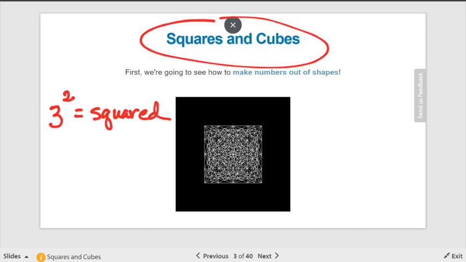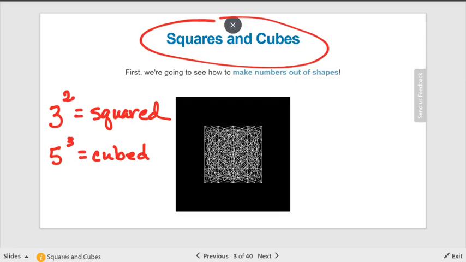So squared simply means raised to what power? Power of 2, right? Good. If you have something raised to the third power, we generally call that cubed. So another way of saying third power is saying cubed.